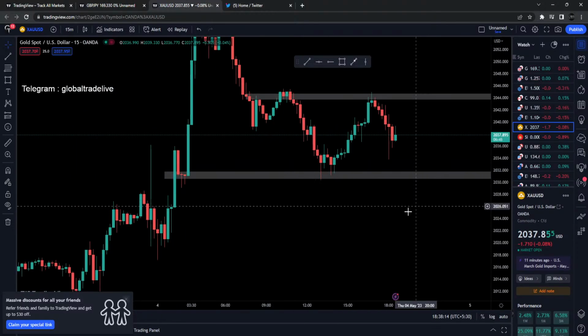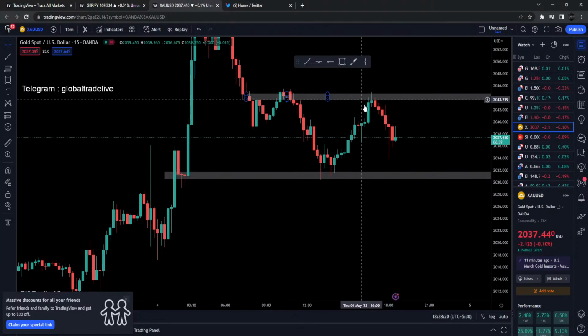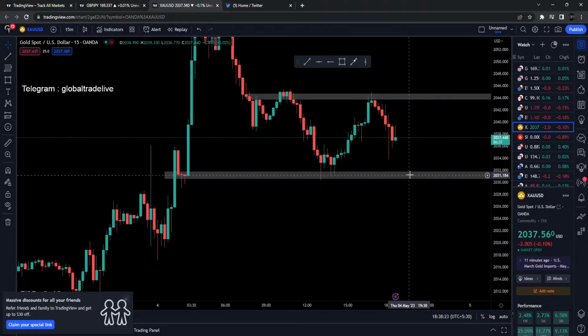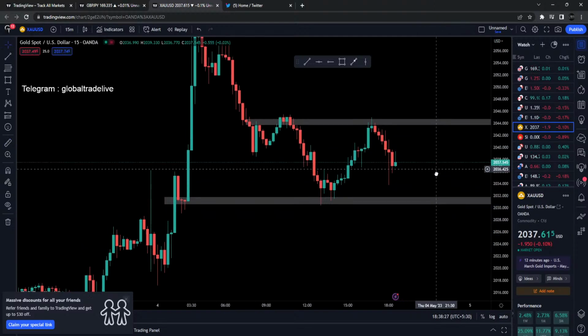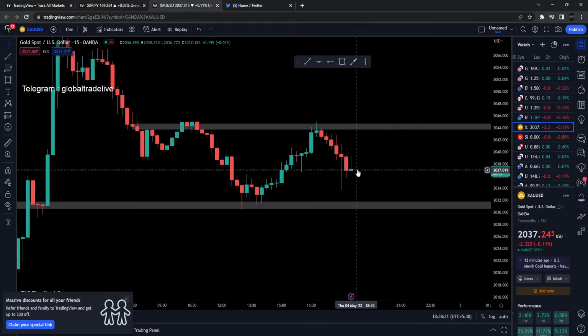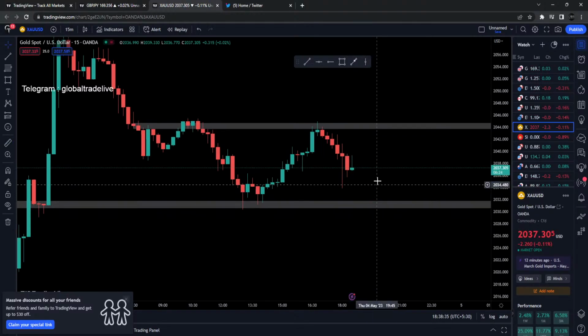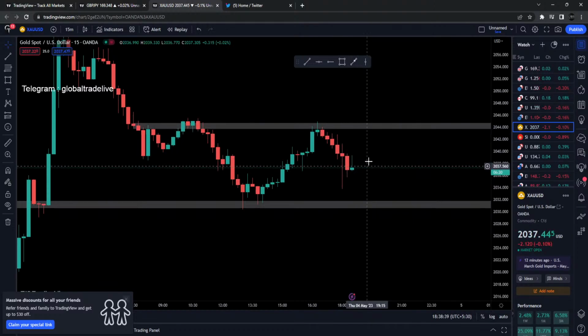So yeah, this is 15-minute. We can see that the 15-minute time frame is clearly bearish right now. If it starts to drop down below this area, basically we have this clean range. So this is a clean range over here, and I need a resistance to be formed over here in order to take sells. And clearly we can see how these candles have been formed, right?